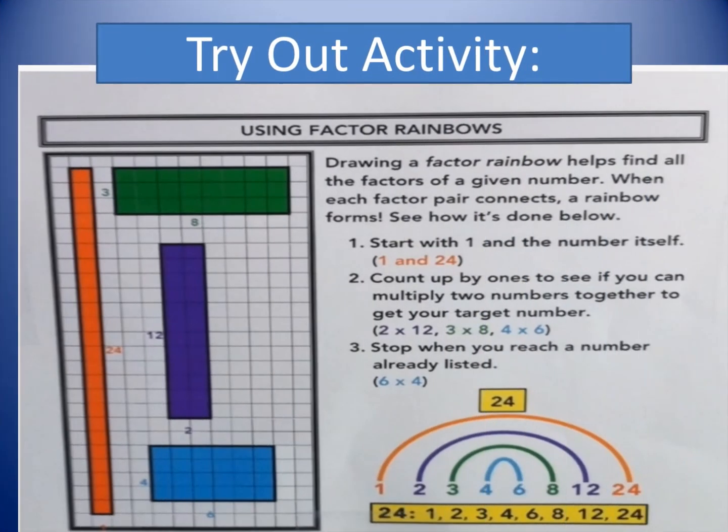Now, after too much brainstorming, it's activity time. So we should try out this activity again and again. We have experienced this with the number 24. So we shall do this activity of finding our own rainbows of factors. Let us try out this activity.